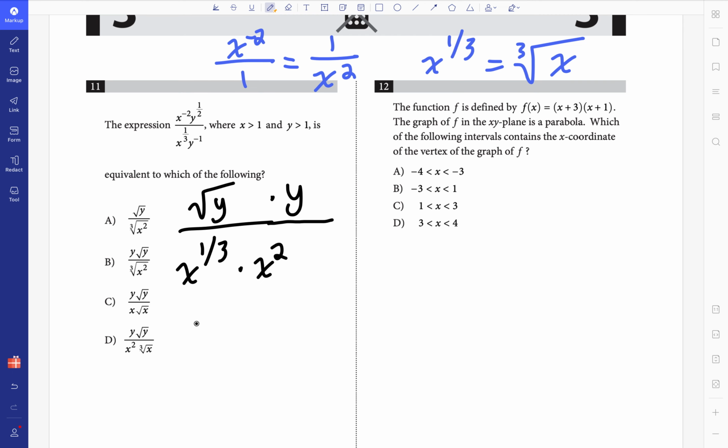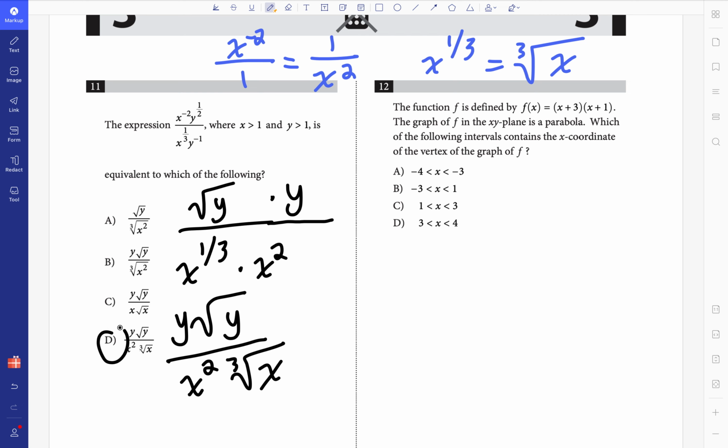Let's simplify this again. I want to put my y out here, y over, and then this x to the 1/3 we said is just this. So we have x squared cube root x. Now which one is this? Y times square root of y, x squared over cube root x. The answer is D.